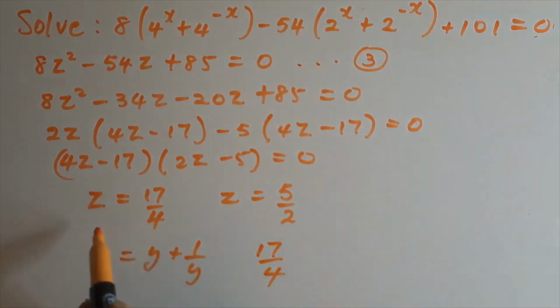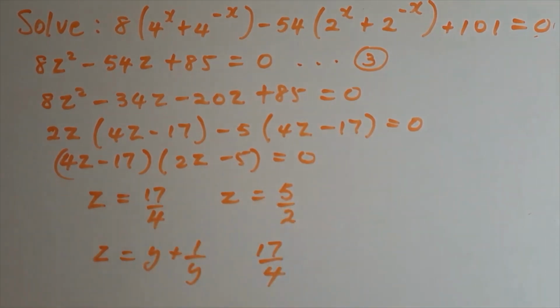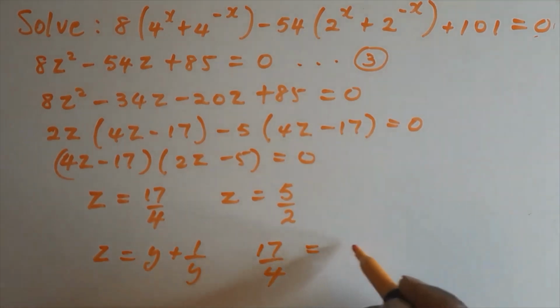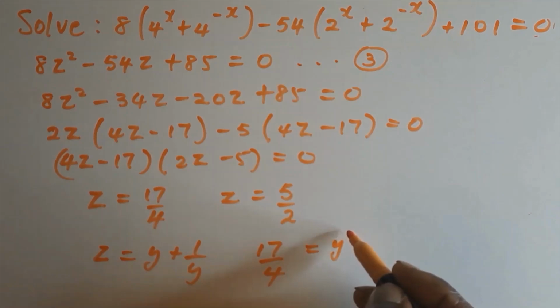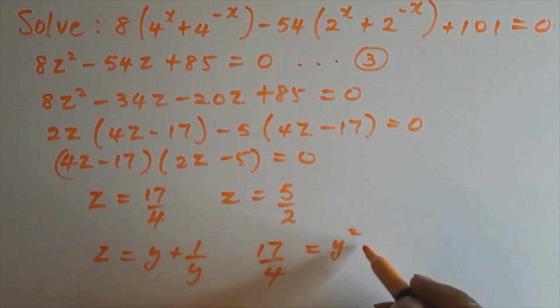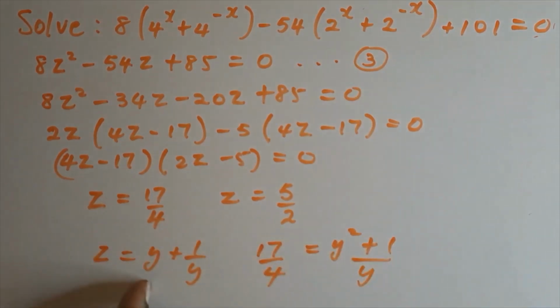So we're doing it for this value of z, and then we'll follow it by the second value of z. So this is equal to y squared add 1 over y. So all I've done is turn this into a single fraction by multiplying across here to get y squared. So it's y squared add 1 over y.